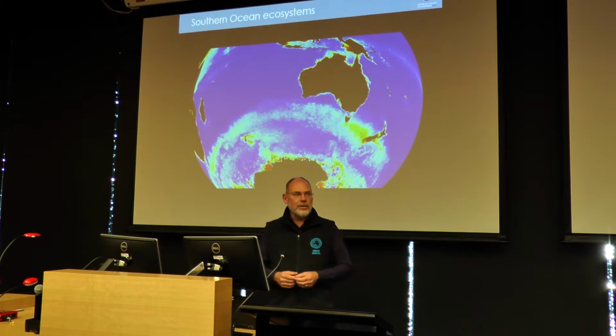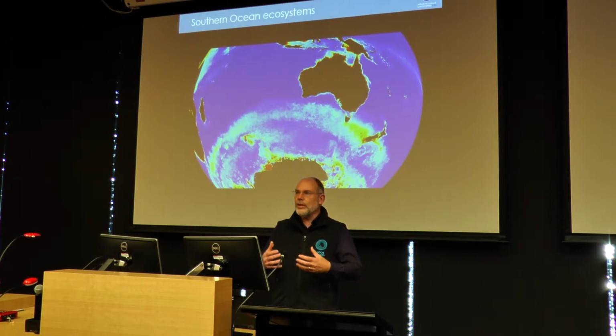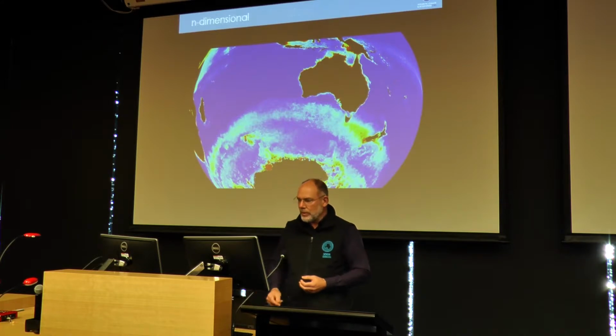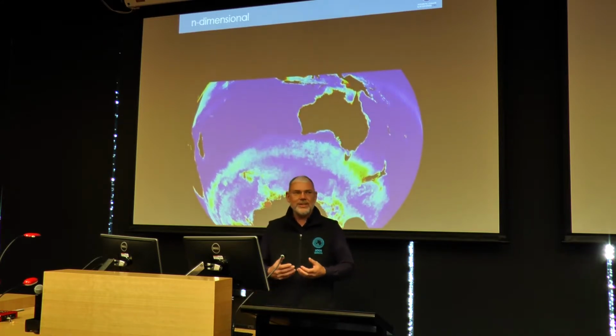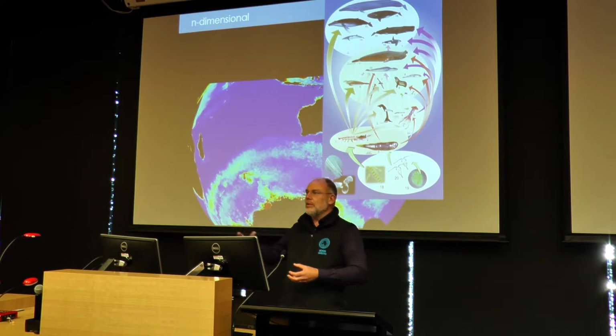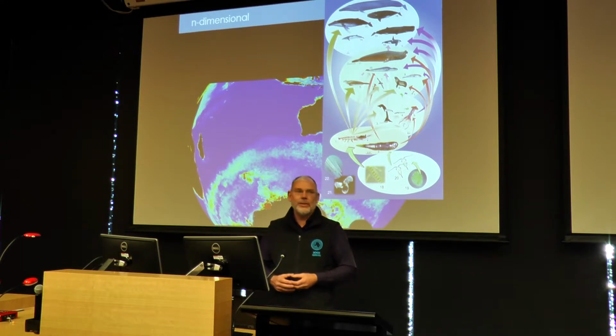So we look at the Southern Ocean, as you can see on the screens. Often when we talk about the state, and we think about it as a map, just like we have behind us, but we know with respect to ecosystems that it's actually n-dimensional. And we have these emerging properties of biology which aren't confined to the spatial and temporal scales of the physics and the chemistry.